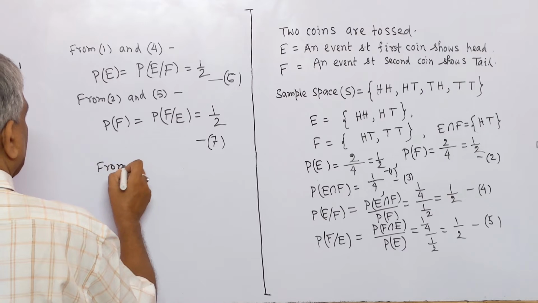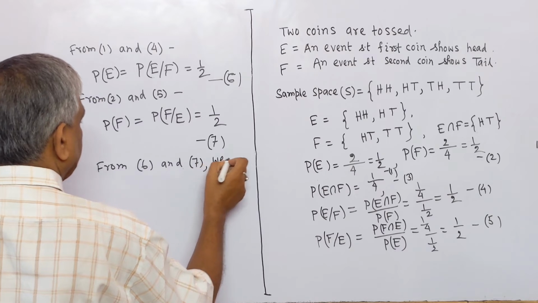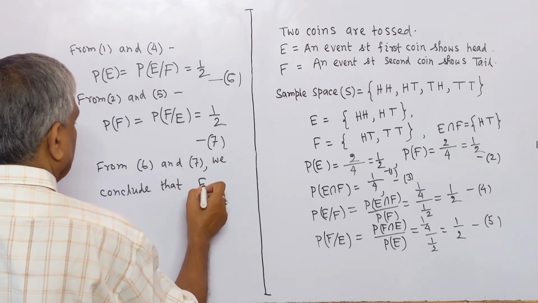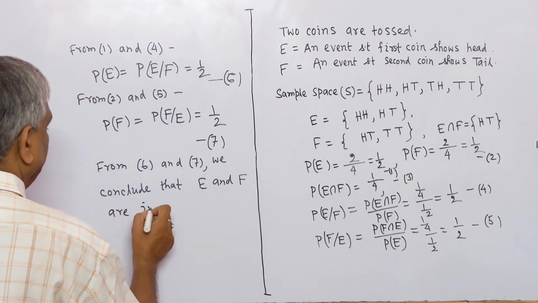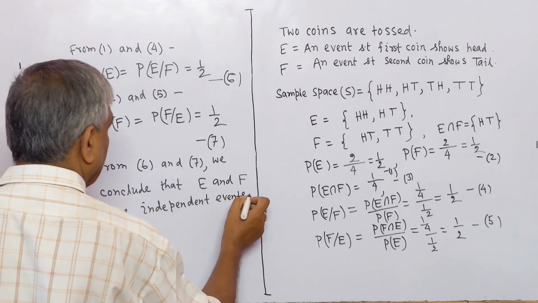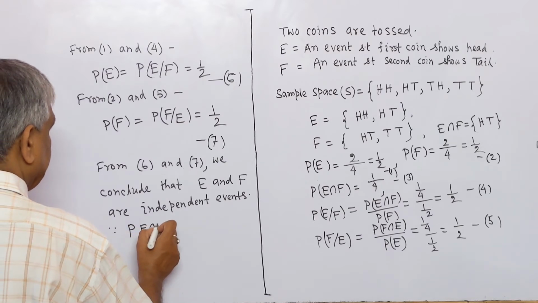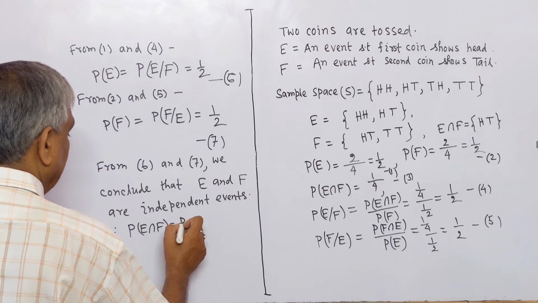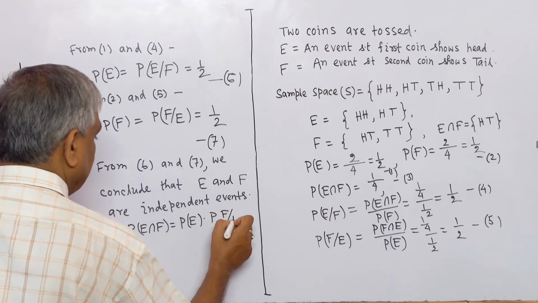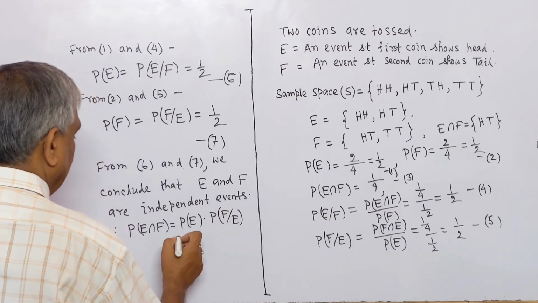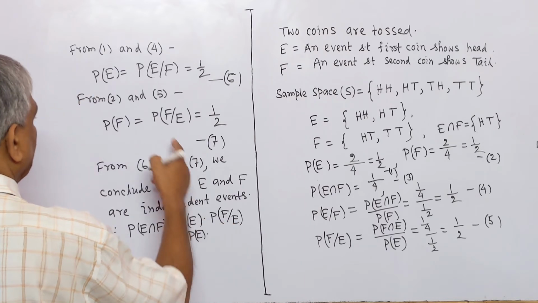From 6 and 7 we conclude that E and F are independent events. Since P(E intersect F) equal to P(E) multiply P(F/E), and this equal to P(E) multiply this equal to P(F).